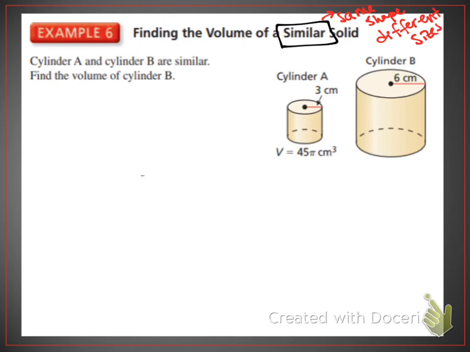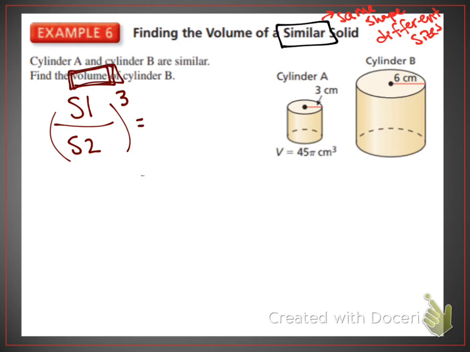So there is a relationship between the volume and the similar solids. We did something similar to this with area, and it's side 1 over side 2 cubed, because remember, volume is cubed.